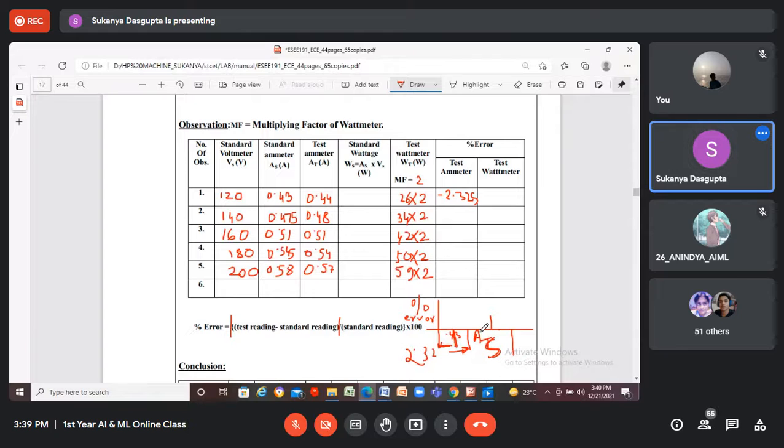Similarly, you will find all the percentage errors for wattmeter readings. Ma'am, for the third one, it will be 0 error. Definitely, for the third one the error is 0.